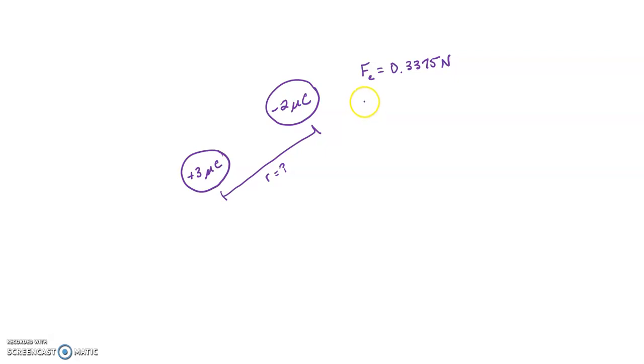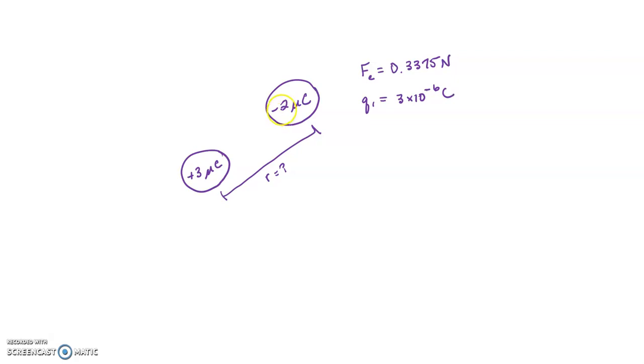It doesn't really matter what order you put them in, but our first Q value is +3 microcoulombs. What that means is that it is 3 times 10 to the -6th coulombs. Now you'll notice I'm not going to deal with the plus and minus signs here, because I'm going to let my conceptual understanding do that for me.